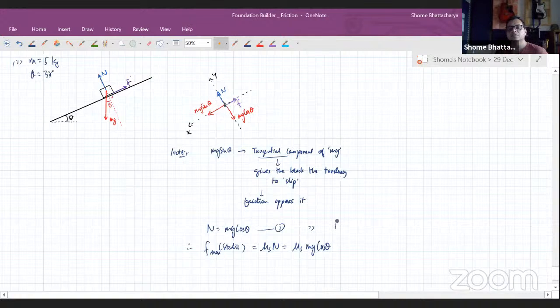So the normal reaction was coming out to be 40 newtons, taking g as 10. And the coefficient of friction was 0.5. Okay. So the maximum static friction that we have was 0.5 into 40. So it was 20 newtons.